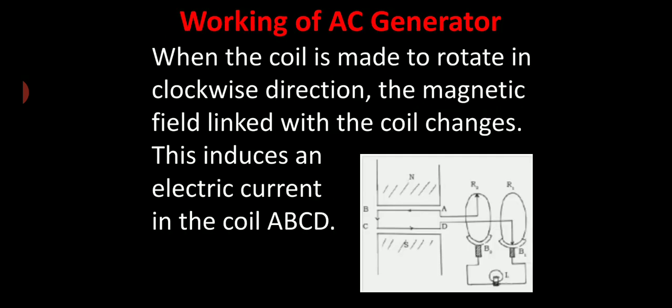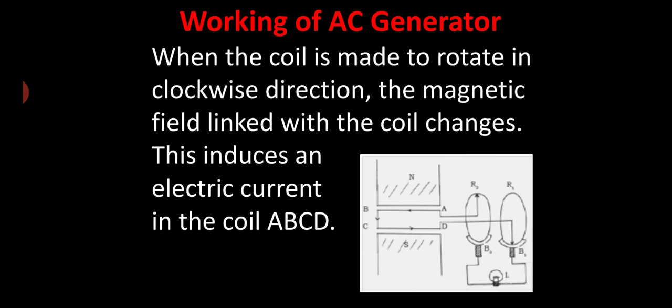Now let's see the working of the AC generator. When the coil is made to rotate in clockwise direction, the magnetic field linked with the coil changes, and this induces an electric current in the coil ABCD. Here one more thing is that a battery is not connected. Here electric loads like a bulb are connected, but in a motor a battery is connected.